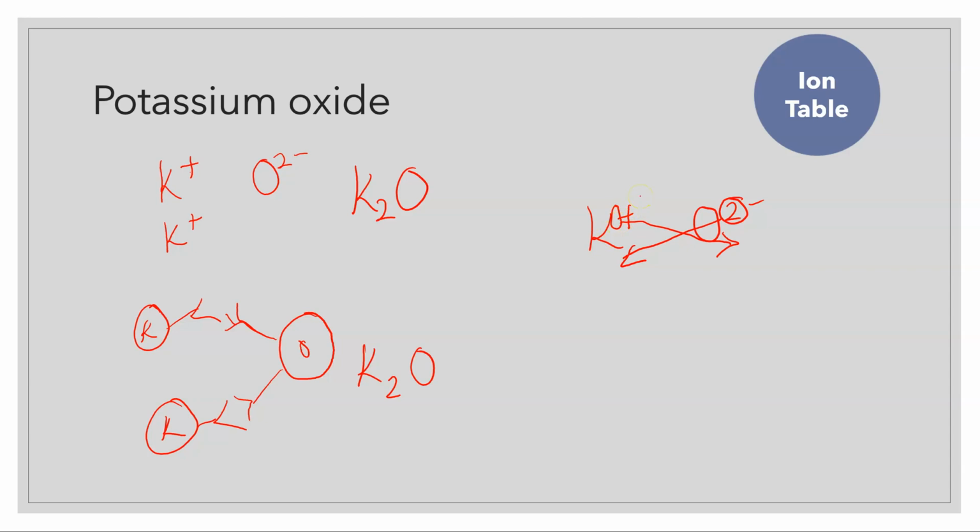We don't bring the charges into this. So it's going to be K, and then this 2 is going to come across and down. So it's K2 and then O. And because the number 1 is behind it, we don't write the number 1. But regardless of which method you choose to use, you should come up with the same answer.